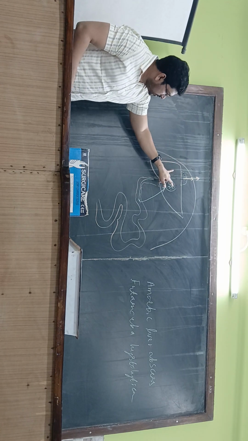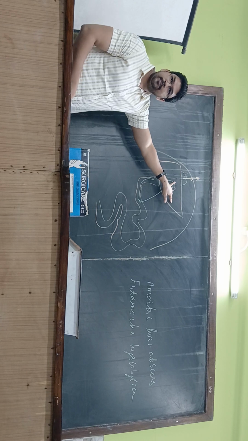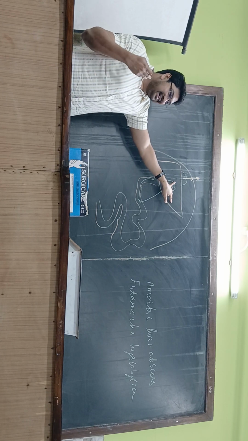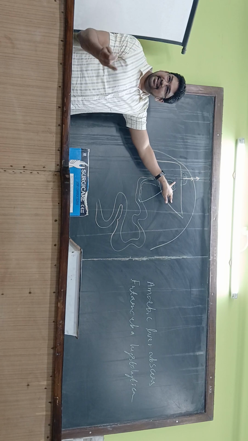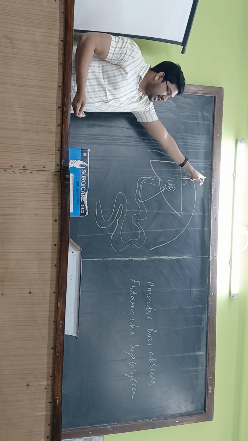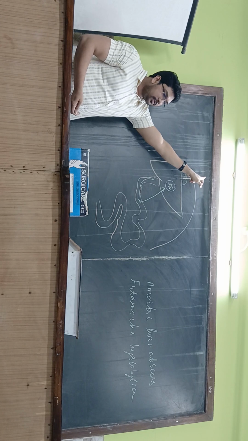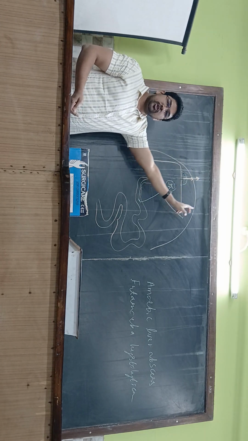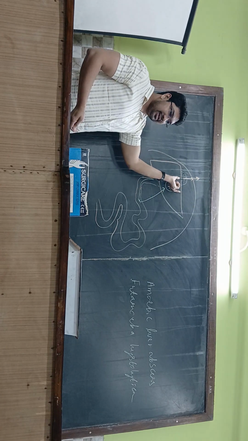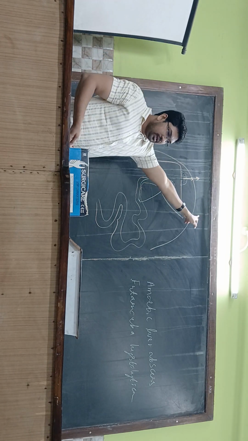Above the diaphragm, above the liver, which structures are present? Heart and lungs. Towards the right lobe of the liver, there will be a relationship of the right lung. Towards the left lobe of the liver, there will be the left lung. It will be in the middle of the liver.